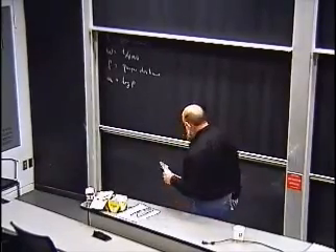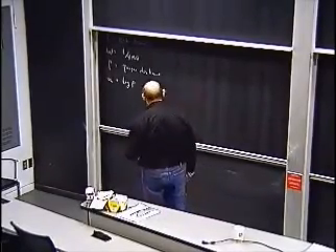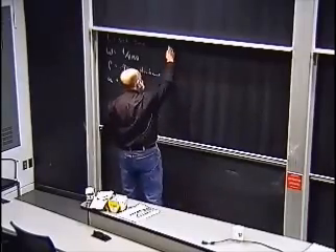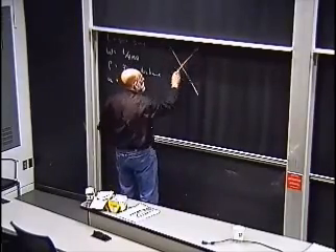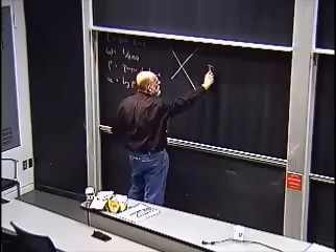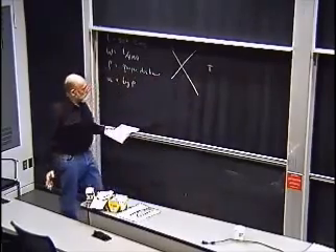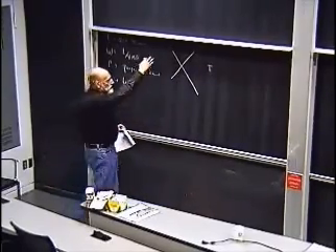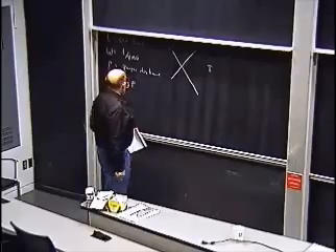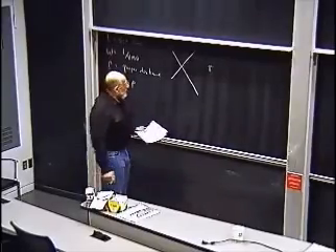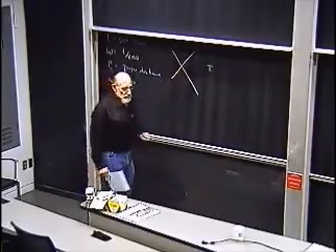All right, let me remind you now about the wave equation in region number 1. Region number 1, the wedge of ordinary flat space-time, is called Rindler space.